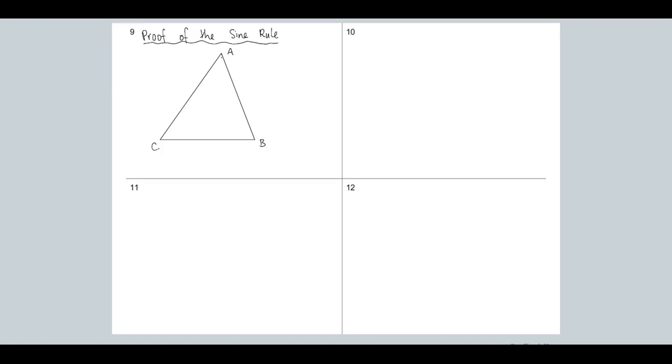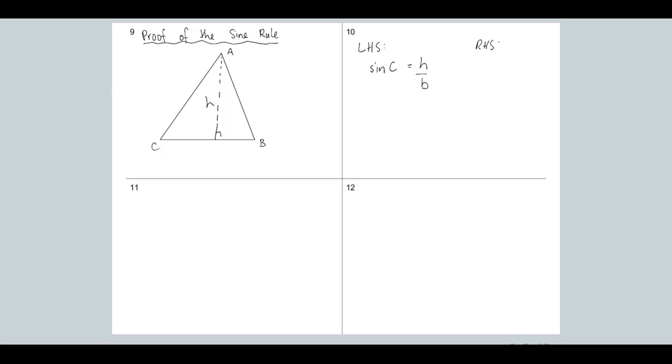You drop a perpendicular line down from A, like so, and we call that the height of the triangle. Now here we go, nice and simple this one. On the left-hand side, LHS, we've got the sine of C is equal to opposite over hypotenuse.